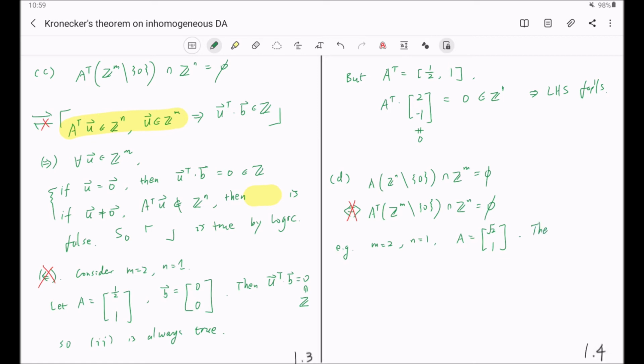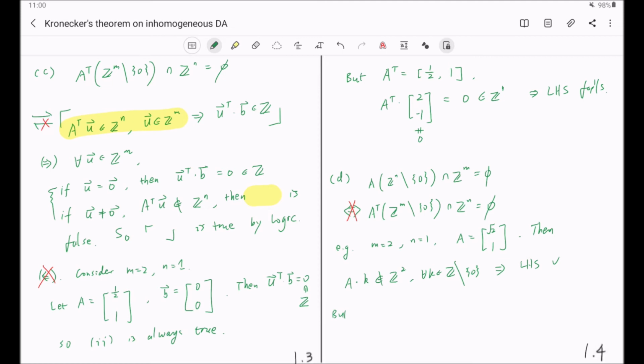Then A times any non-zero integer is impossible to be an integer vector. And this tells you the left-hand side holds, but the right-hand side fails.